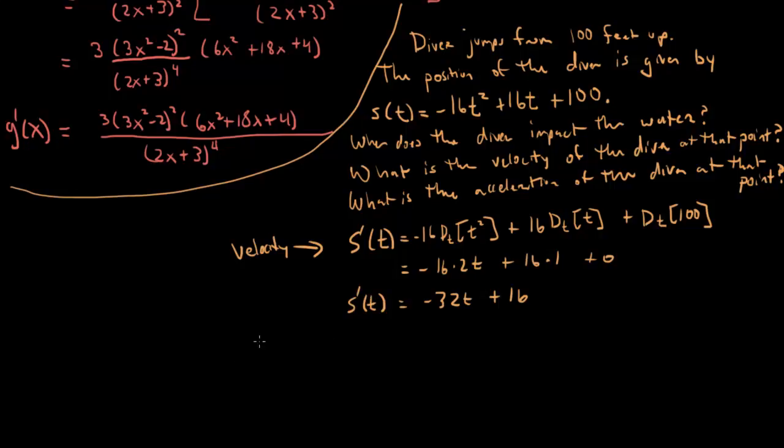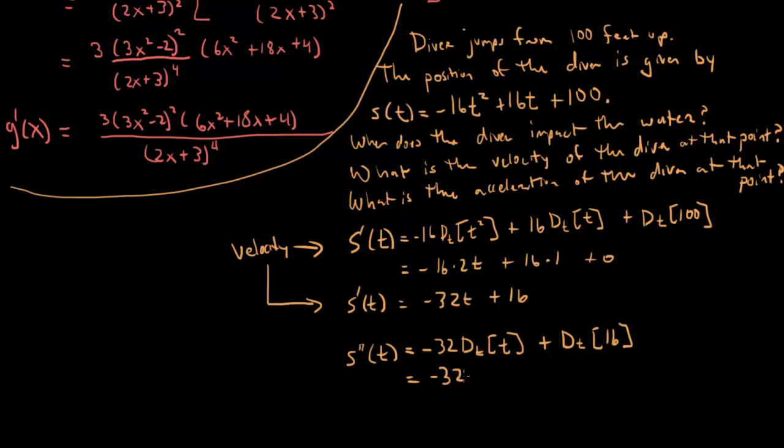Now, if we want to find the acceleration, we take the derivative of velocity. So there is velocity, s prime of t. Now, second derivative is just you take the derivative of your first derivative. So here, same thing. We can say that this is negative 32 times the derivative with respect to t of t plus the derivative with respect to t of 16.